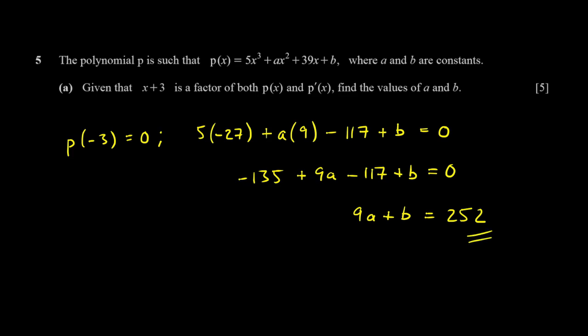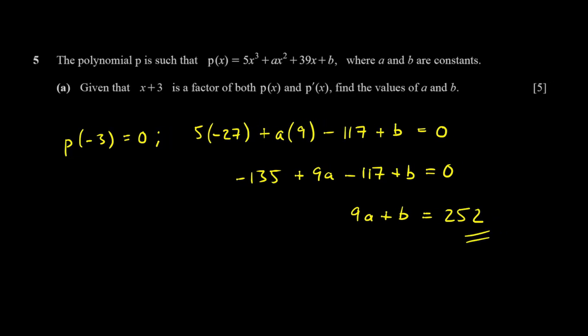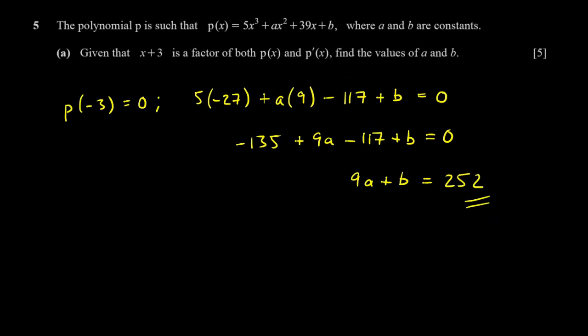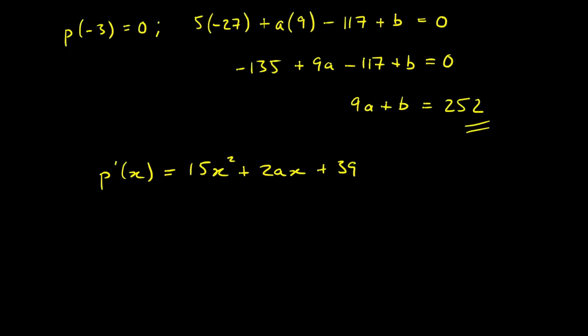Now, the next one we can do is we're going to differentiate our function. So if I do p prime of x, then what I'm going to get there is 15x squared plus 2ax plus 39. And again, we're told that negative 3 is a root of this.